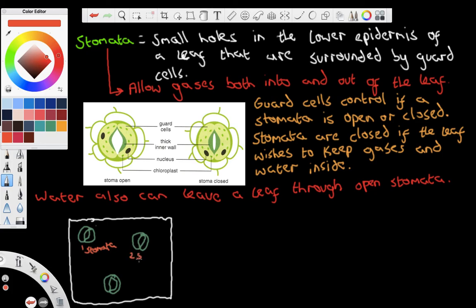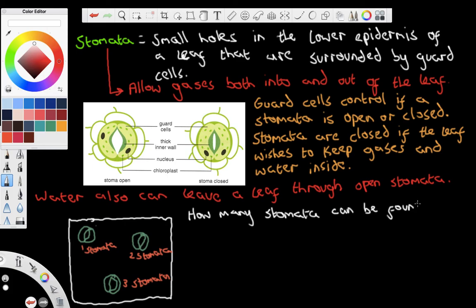Now, what the question will usually ask is how many stomata can be found in 1 metre squared of a leaf.